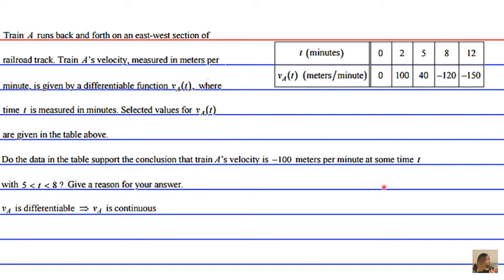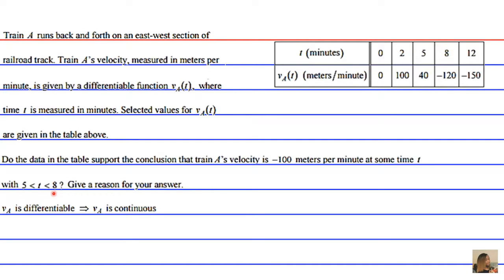So that's step one. And so if a function is continuous and it has an interval a, b as its domain, and here we're told an interval a, b. Our interval of interest is the interval 5, 8. Okay, so 5 can be our a and 8 can be our b.